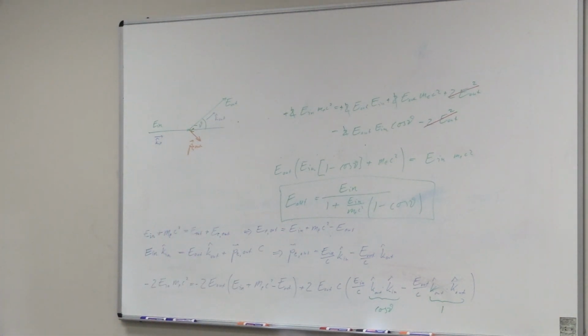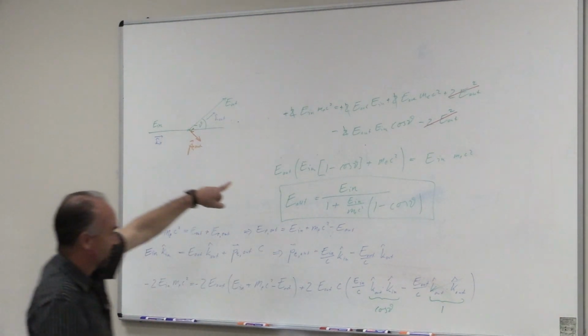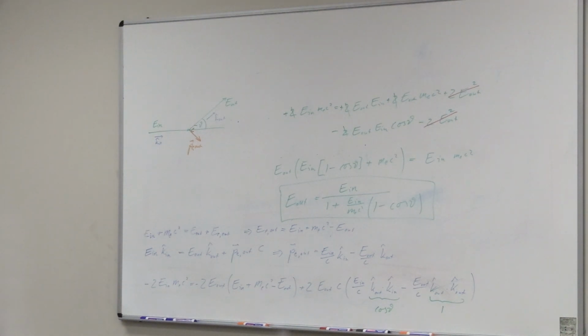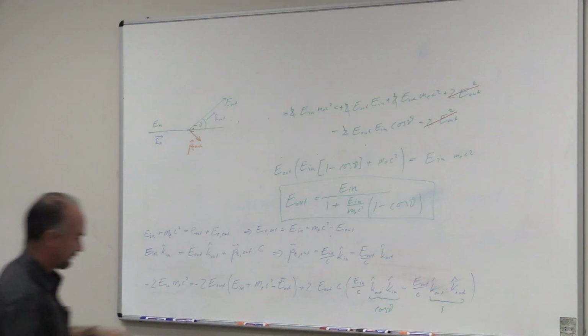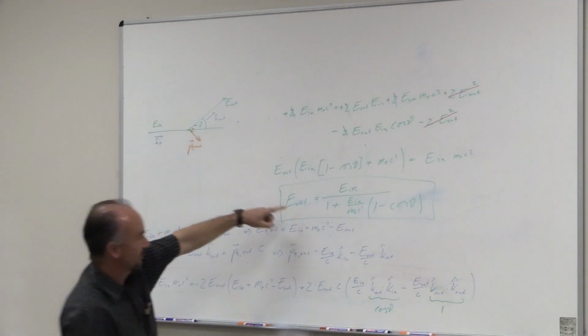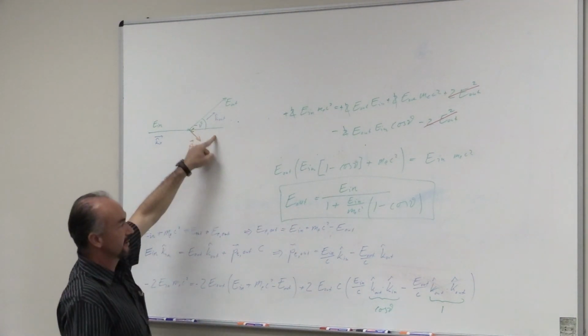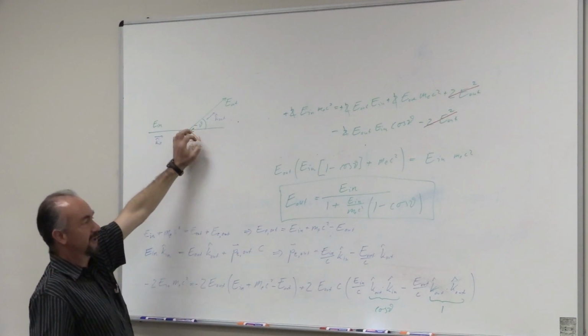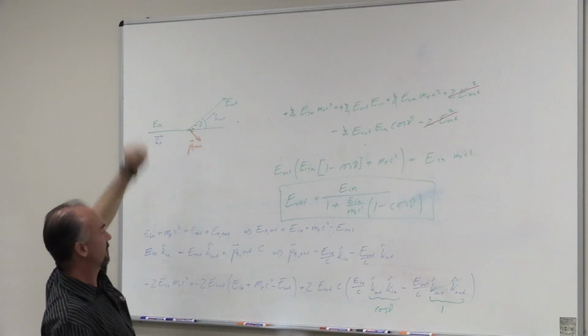Okay. I think this was actually a little bit more straightforward than the way that the book does it. So that tells you in particular what photon energy comes out if we are not interested in the energy the electron picks up.